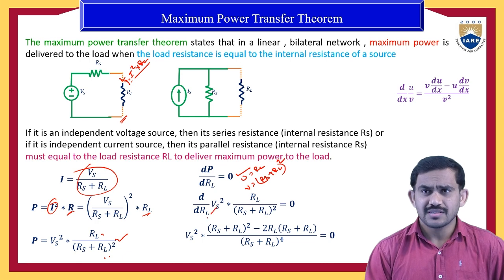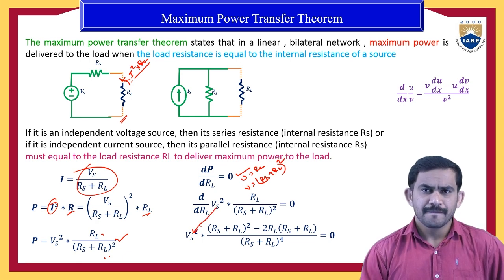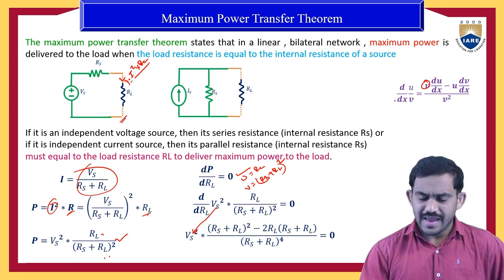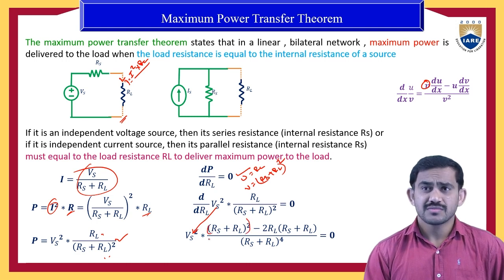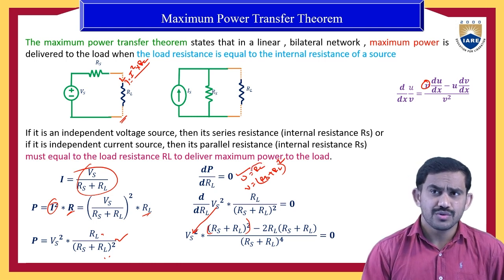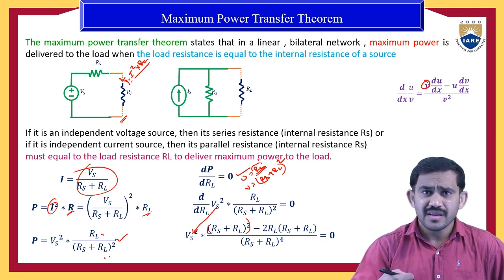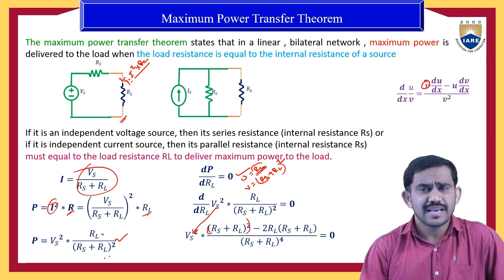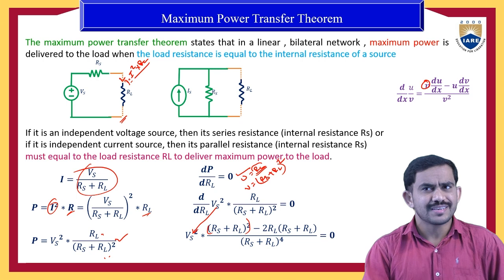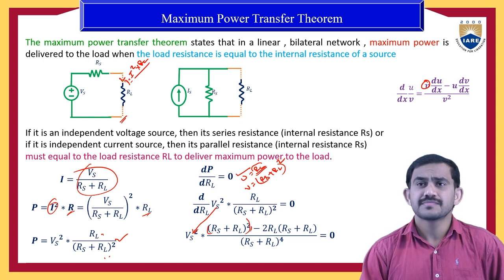Vs square is constant, so substitute directly. This is your v value, and for du by dx, du is RL, so dRL by dRL gives only 1.